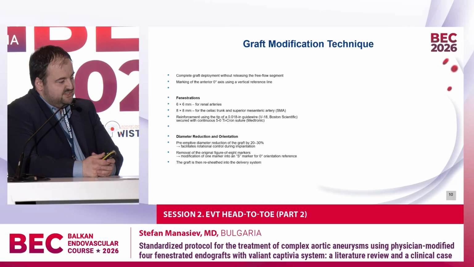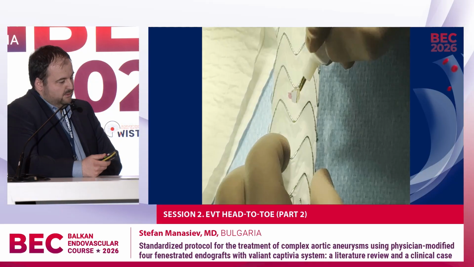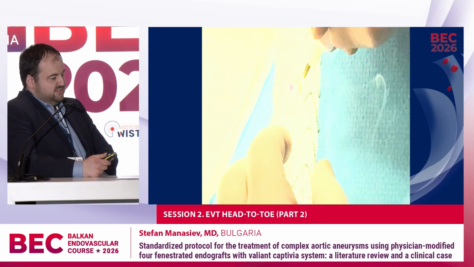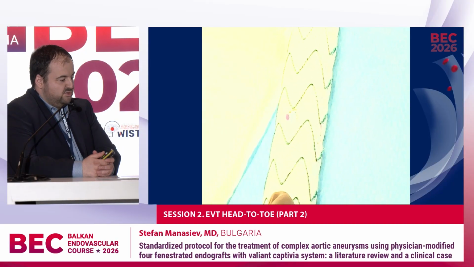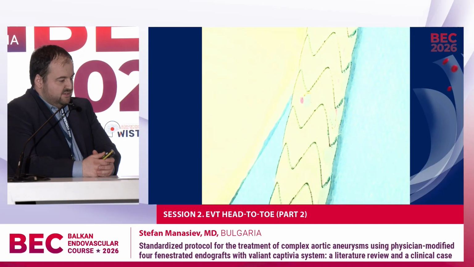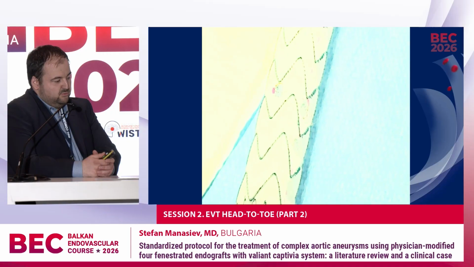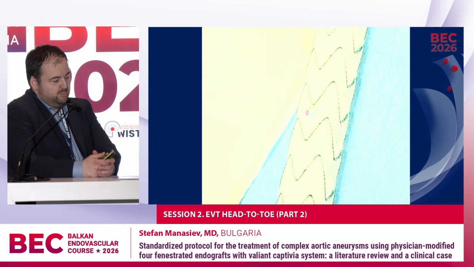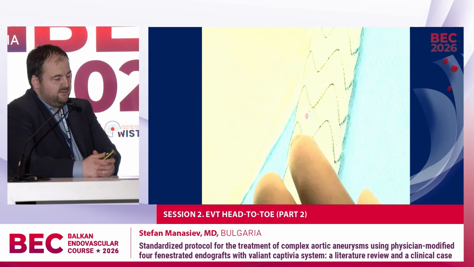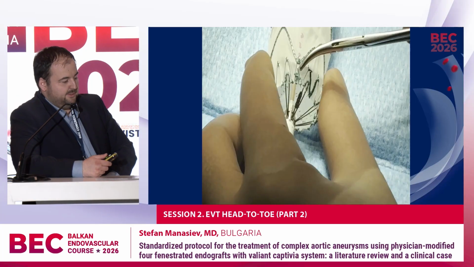The fenestrations. This is the fenestrations. They are made with the ophthalmologic cautery. It's 6 to 6 millimeters to the renal arteries and 8 to 8 millimeters to the superior mesenteric artery and celiac trunk.